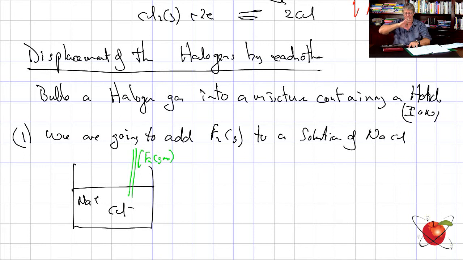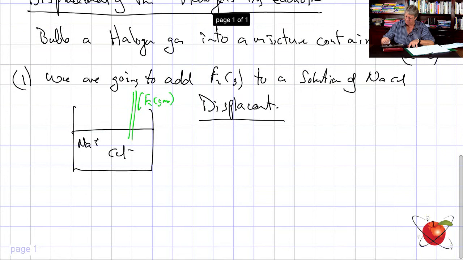What happens? Straight away, I need to know this is going to be a what kind of reaction? Displacement. Displacement means I'm looking at redox. So I first of all say, right, what have I got? On the one side, I've got F2 gas coming in, right?